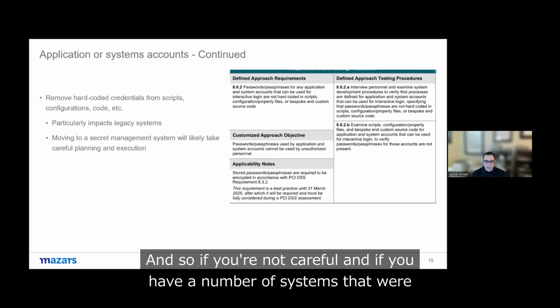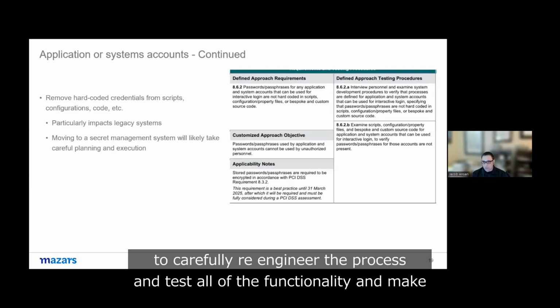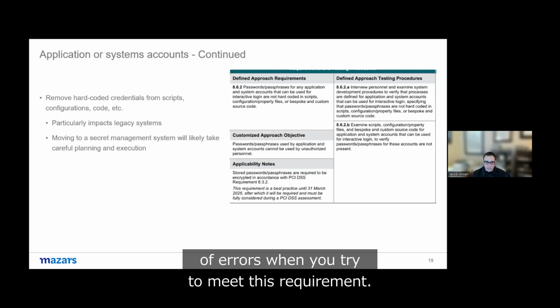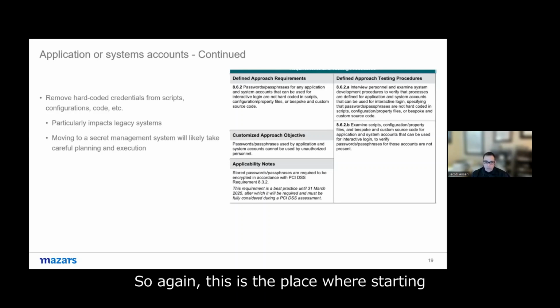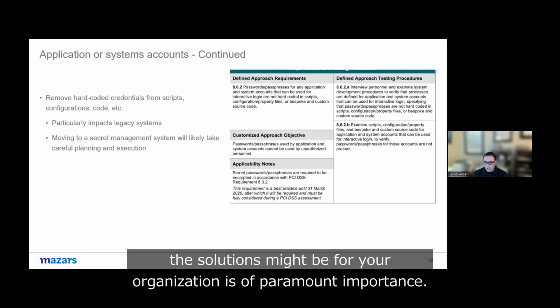And so if you're not careful, and if you have a number of systems that were configured otherwise, this could be an enormous amount of work to carefully re-engineer the process and test all of the functionality and make sure that it works the way you expect, such that this doesn't cause a cascading series of errors when you try to meet this requirement. So again, this is the place where starting soon to identify all of those situations and start thinking about what the solutions might be for your organization is of paramount importance.